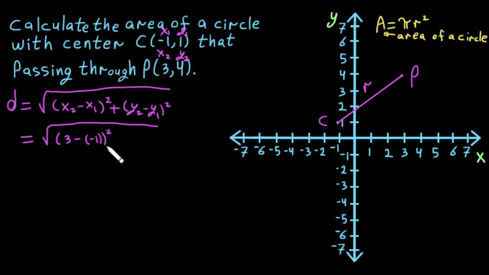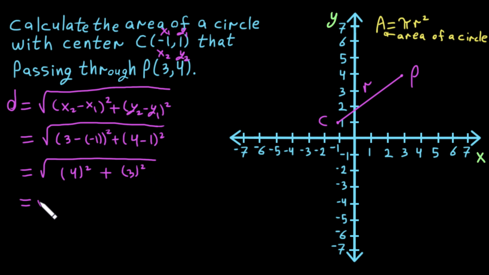The whole bracket squared, plus y2, which is 4, minus y1, which is 1, and the whole thing squared. Equals the square root of 3 minus a negative, which becomes positive, so 3 plus 1, which is 4, and the whole thing squared, plus 4 minus 1, which is 3, and the whole thing squared.